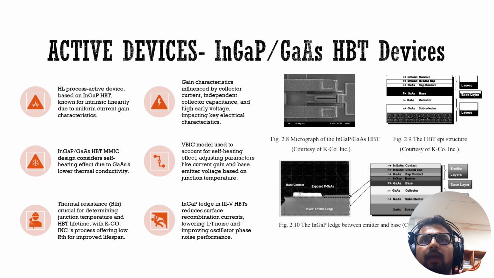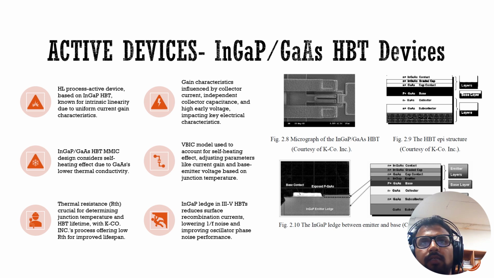and the base. So here we have the different processes, like the HBT processes of active devices based on the indium gallium phosphide SBT, known for its intrinsic linearity due to uniform current gain characteristics. Then we have the indium gallium phosphide and gallium arsenide SBT MMIC design, which considers the self-heating effect due to gallium arsenide's lower thermal conductivity.